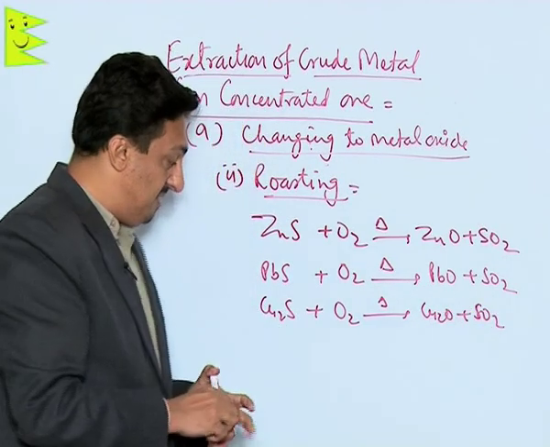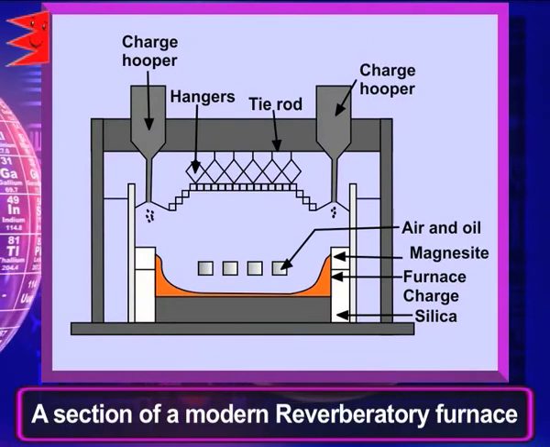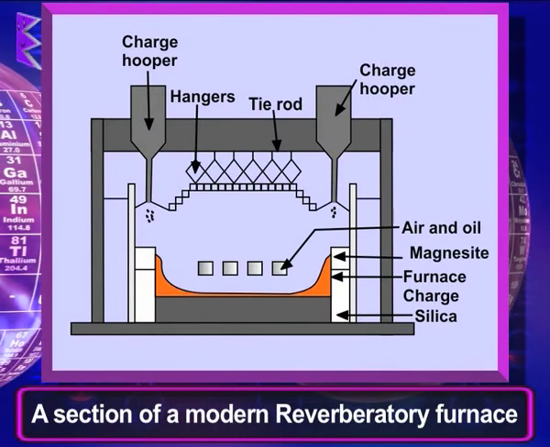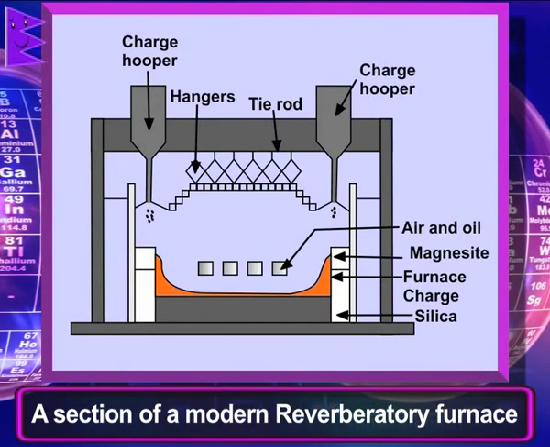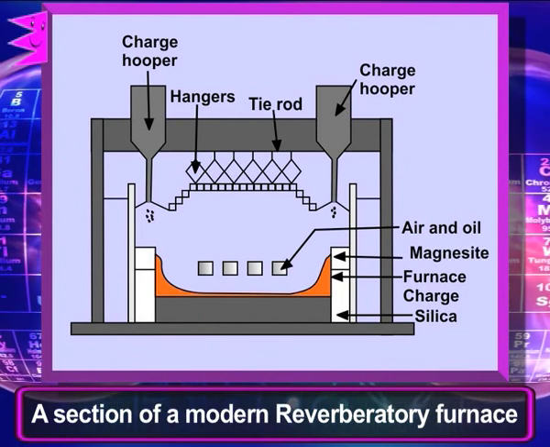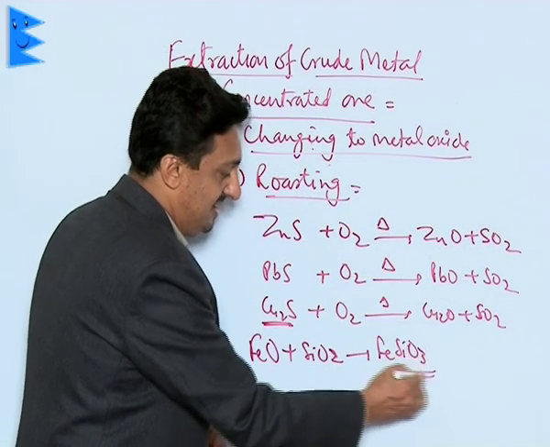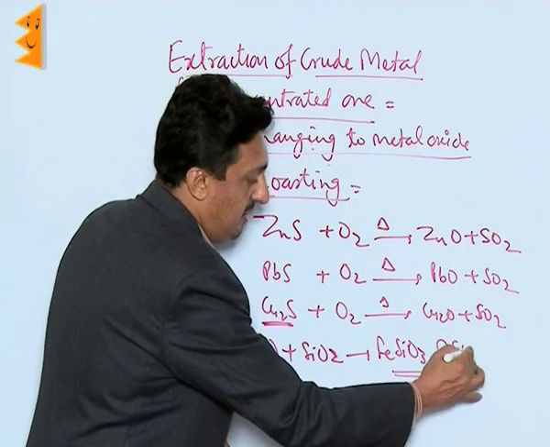Specifically, roasting of copper ores is done in reverberatory furnaces, in which we add silica. The main reason is that copper ores also contain ferrous oxide, which combines with silica to form FeSiO3, ferrous silicate, a compound called slag.